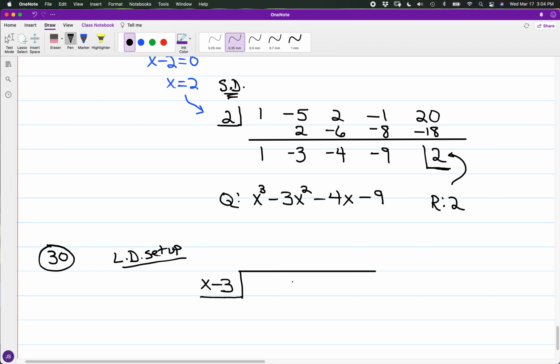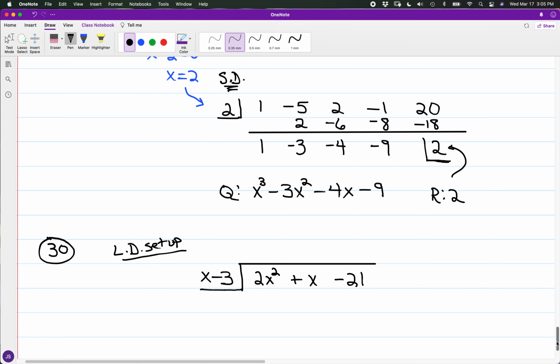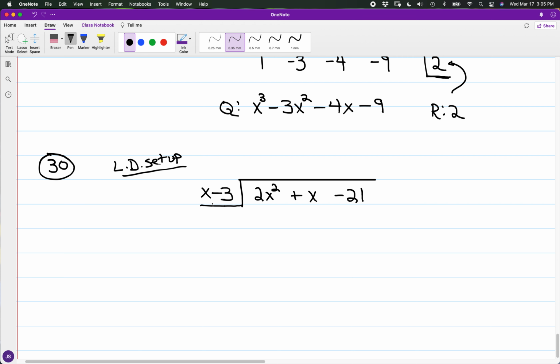And we have 2x squared plus x minus 21. So we don't have any missing degree terms. And since the divisor is x minus 3, since the x term is linear or first degree, I can use synthetic division once again.